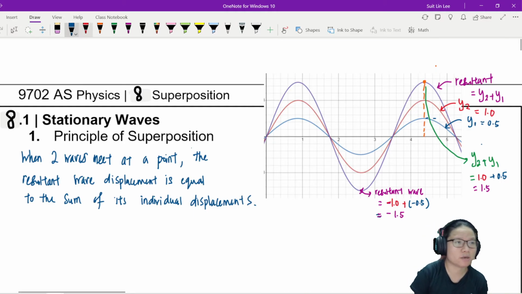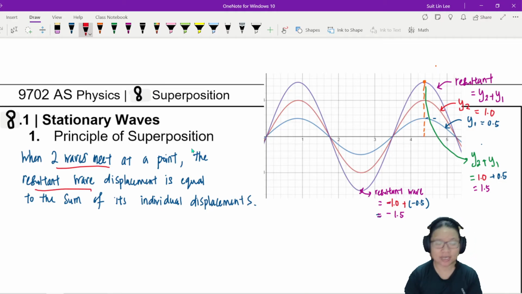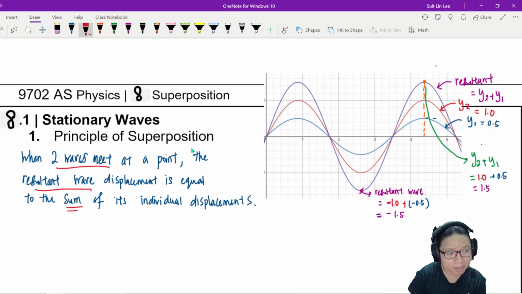Make sure that your definition for the principle of superposition carries 2 points. Number one, you have two waves meeting; they have to meet, no meet then no magic, must meet then only got magic. So when two waves meet at a point, the resultant wave is the sum of the individual displacements.